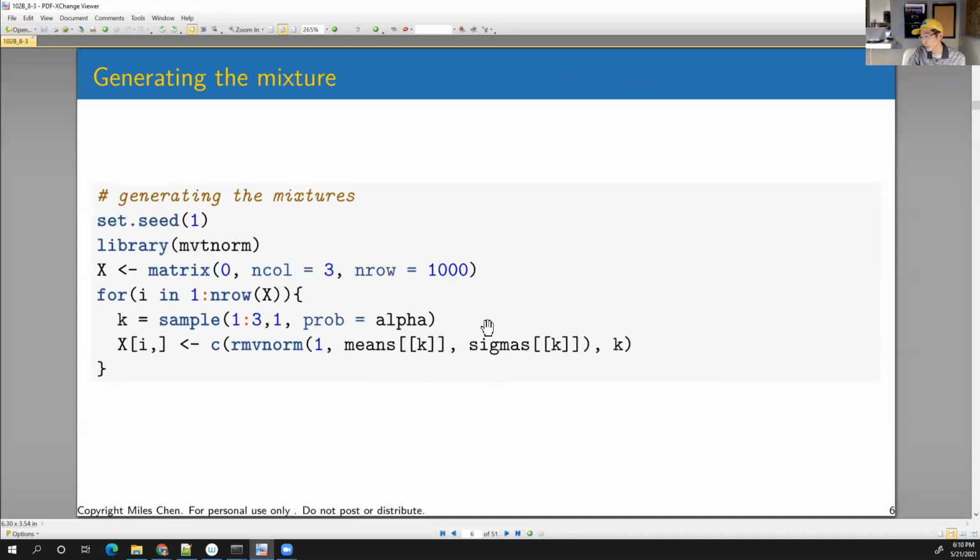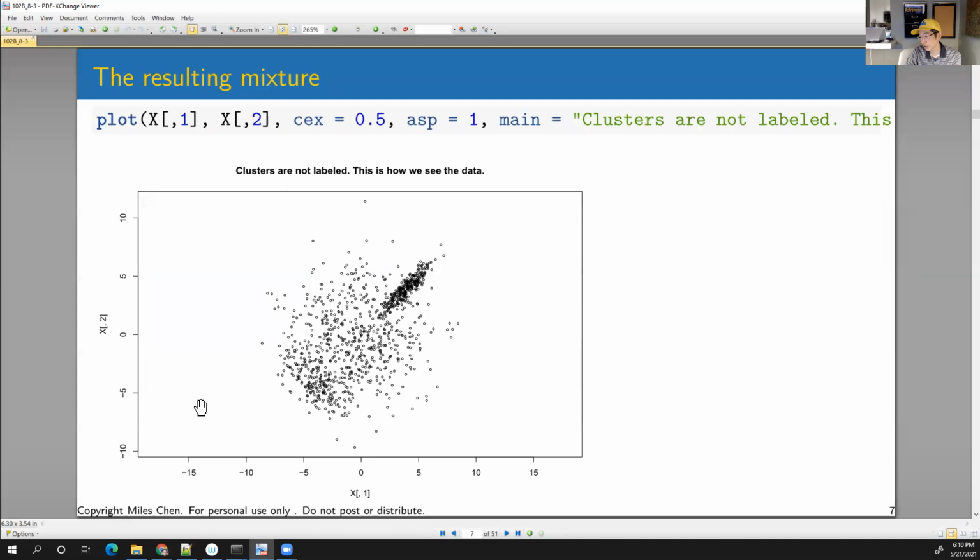So this will be a mean vector, and this will be a sigma matrix. The random multivariate normal will generate a two-dimensional coordinate, and we're also going to include the cluster k belongs to. And then we're going to store that into our X matrix, and we're going to do this for 1,000 observations.